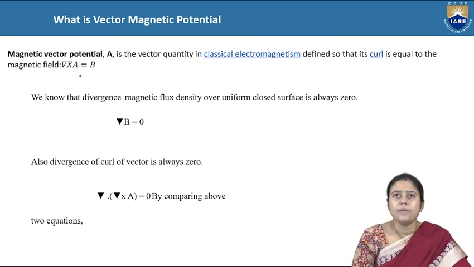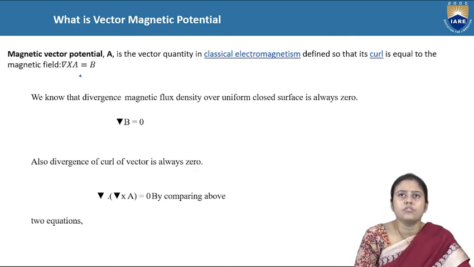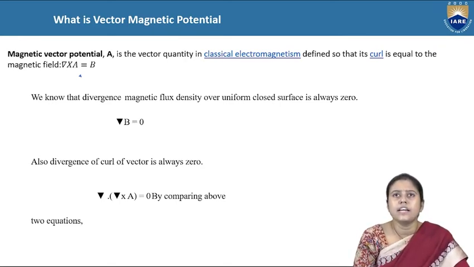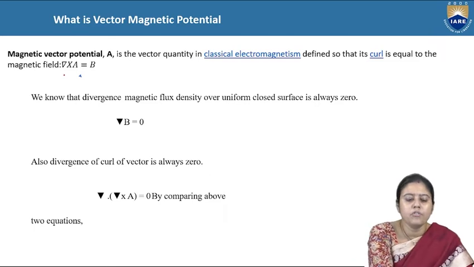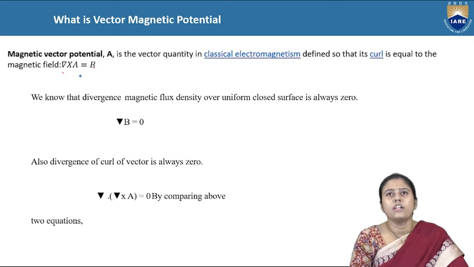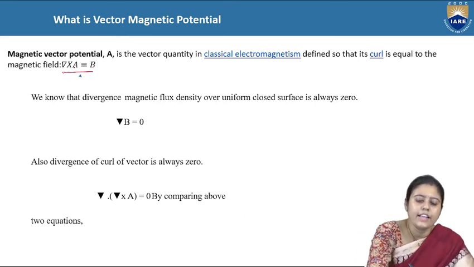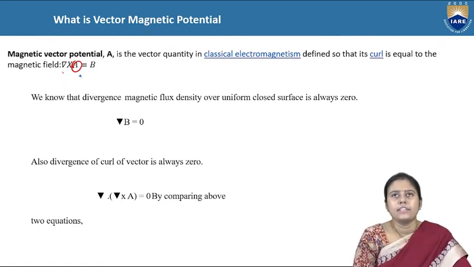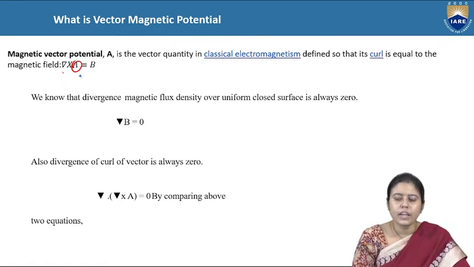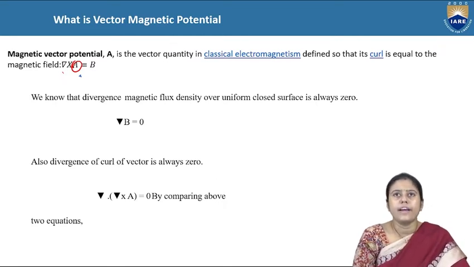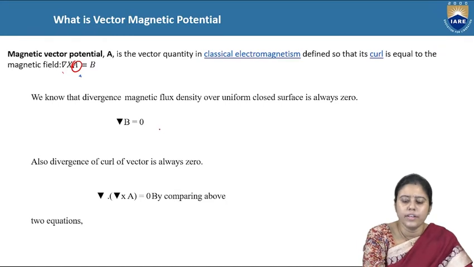What is vector magnetic potential? Vector magnetic potential is also a classical vector quantity in classical electromagnetism, where it always follows the rule grad cross A equals B, and this A is known as the magnetic vector potential. We also know the divergence of the magnetic flux density is always 0.